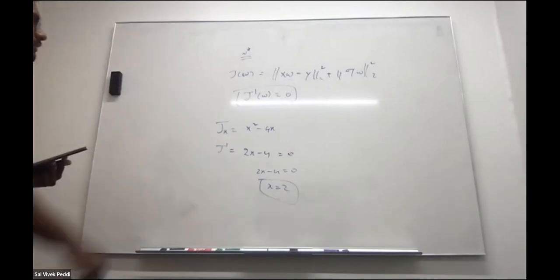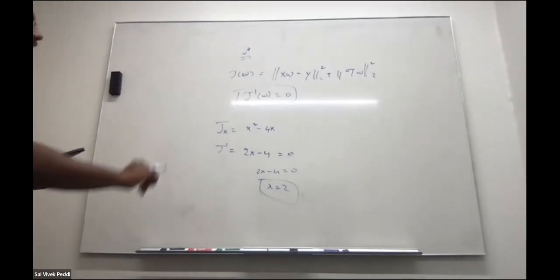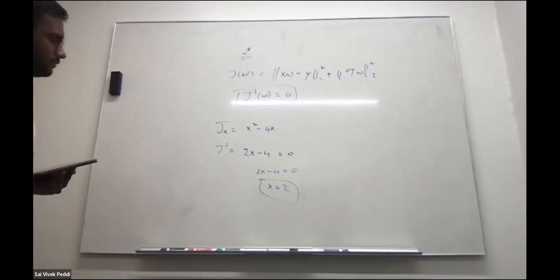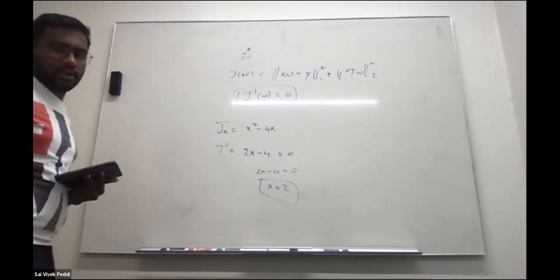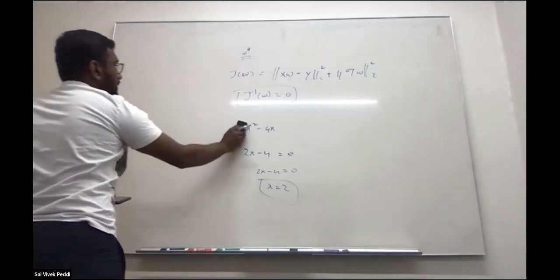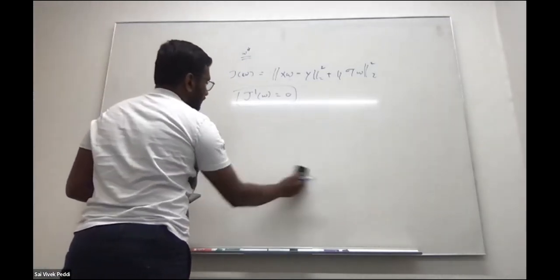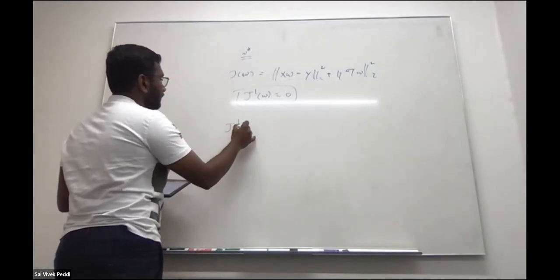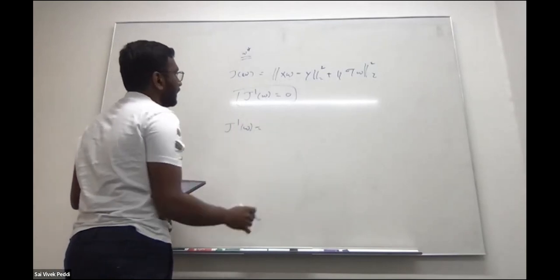So this is how you do it for a single variable, univariate optimization problem for a given function g of x. But in this scenario, when you are computing it with g of w, your j dash of w will become something like this.